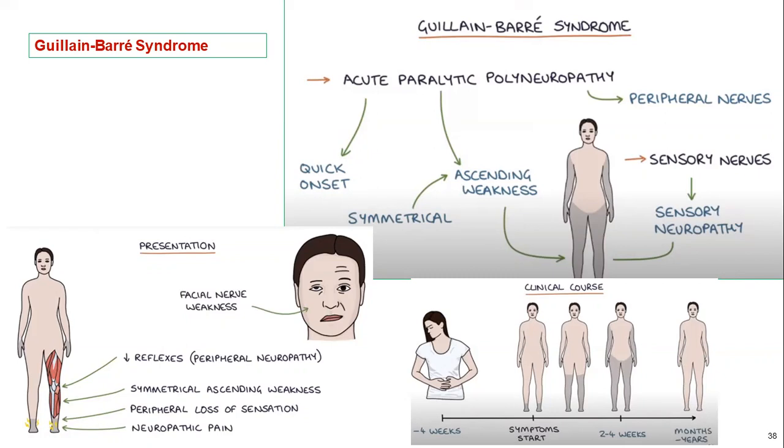Also neuropathic pain, and loss or decrease of reflexes because of peripheral neuropathy. Sometimes Guillain Barré syndrome attacks the cranial nerves, like facial nerve weakness here. When the patient is hospitalized, they give a history of GI infection 4 weeks before the symptoms started.